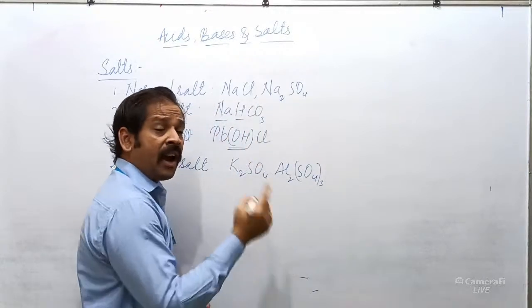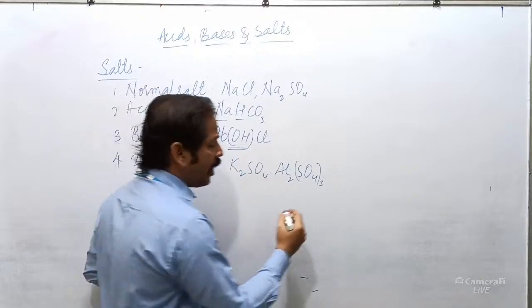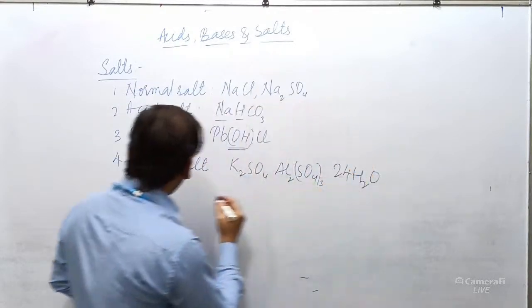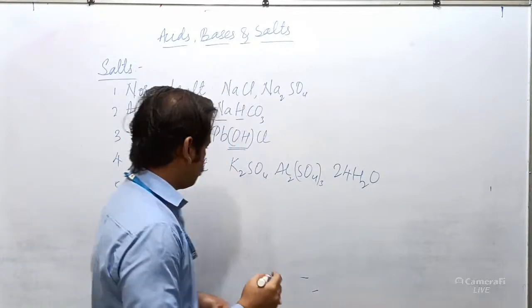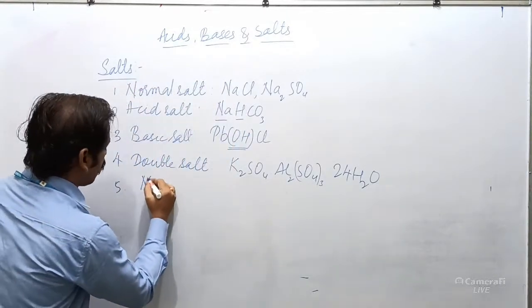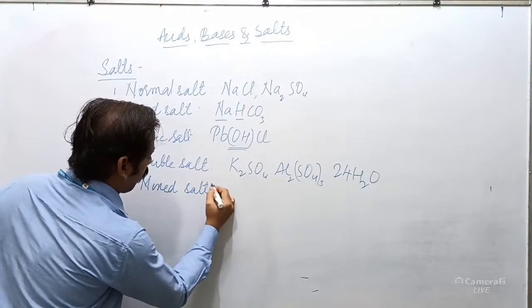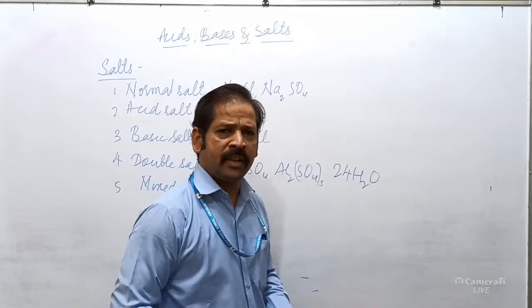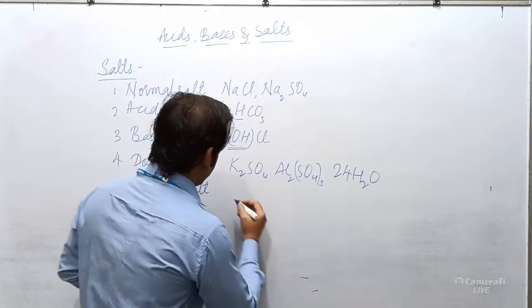It is a hydrated potassium sulfate and aluminium sulfate. Hydrated means it has water content. The fifth one is mixed salt. The mixed salt example is calcium oxychloride. Actually, it is the next part of our syllabus, that is calcium oxychloride.